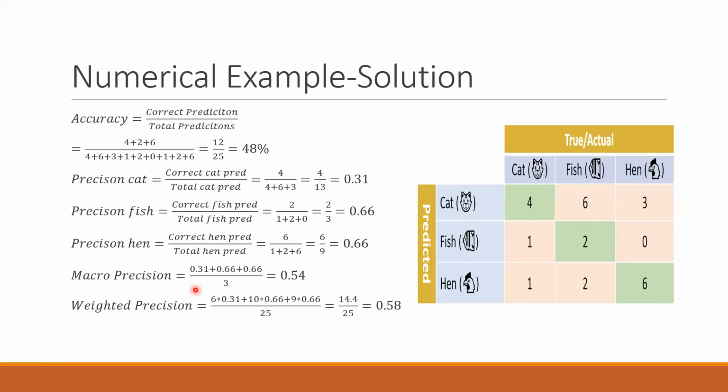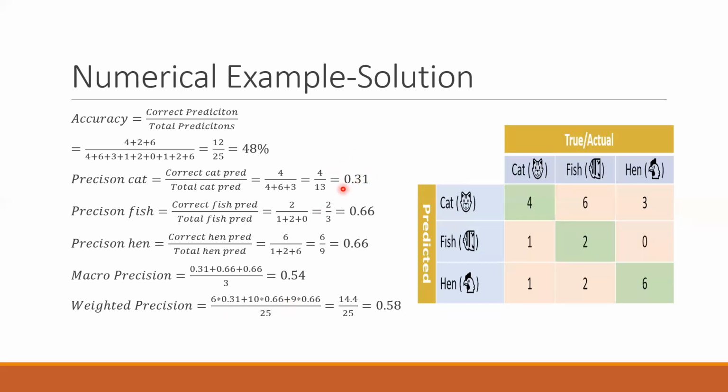Now, macro precision, you can simply add all the precisions, 0.31 plus 0.66 plus 0.66 divided by 3. You are directly doing the average in the macro precision. But when you want to do the weighted precision, you have to multiply it with the total number of actual cats, actual hens, and actual fish.